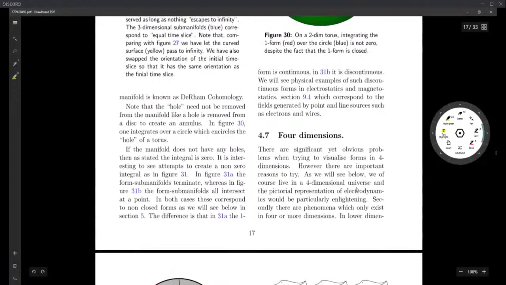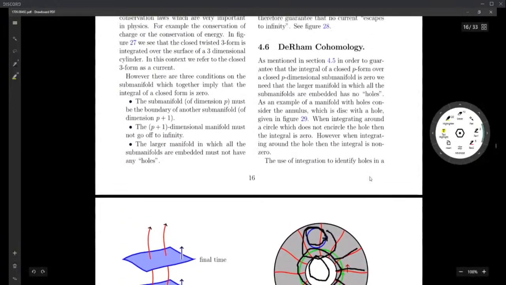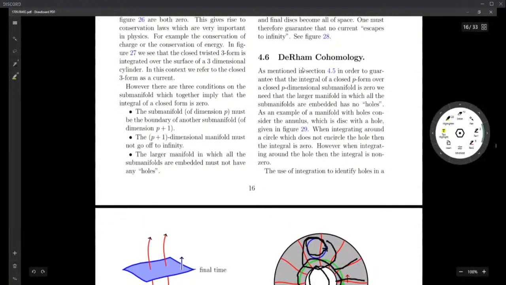So yes, I'll just mention what the de Rham cohomology is. If you want to visualize it, it's pretty hard. What it is entirely useful in is the actual mathematical part of differential geometry. But we don't want to look at the math, so I'll probably skip it, but I'll give you a gist of what that is.